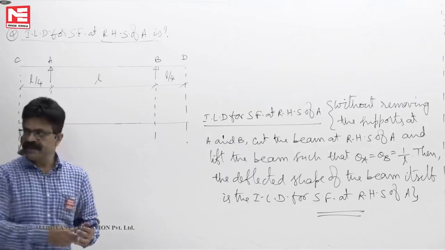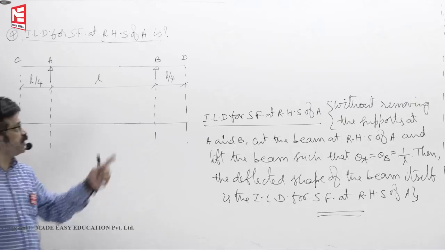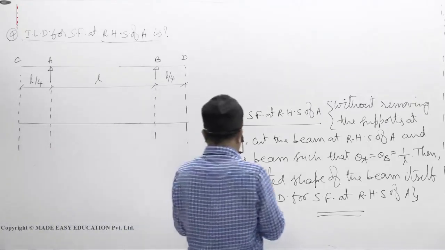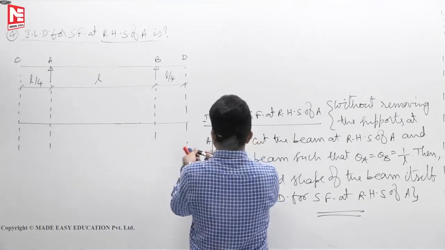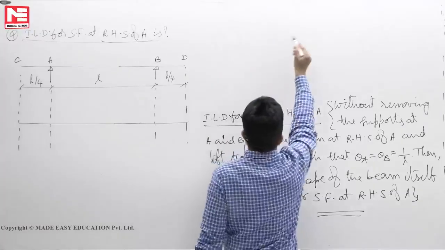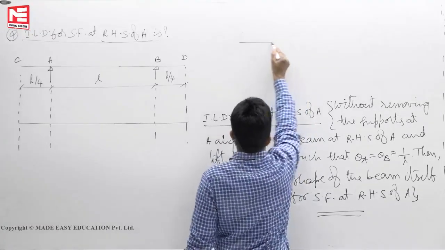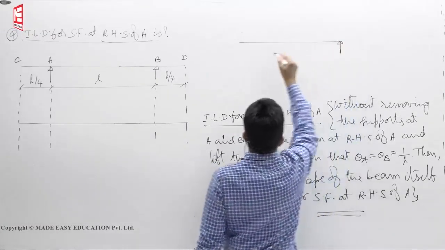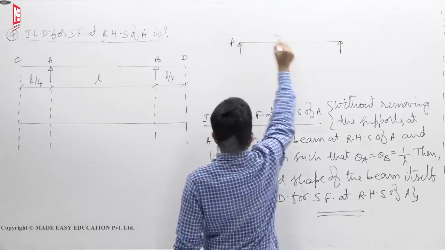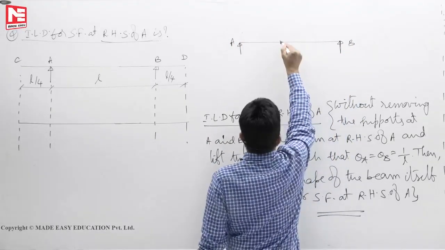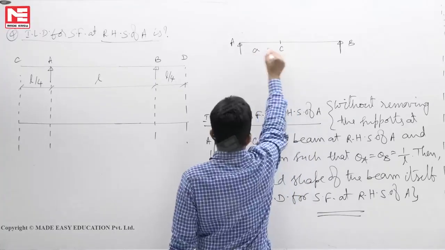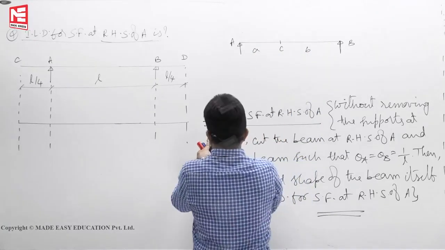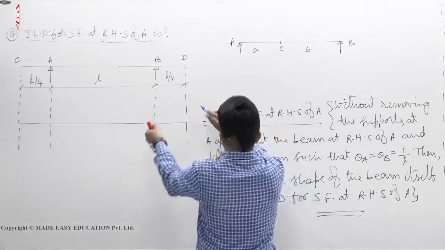Okay. Now let us see how we have drawn the diagram for ILD for shear force at C. For all such problems, this is a reference for us. This is what we have drawn. The earlier problem, A, B. If I want to draw ILD for shear force at C, this is A, this is B, and what you have drawn was like this.